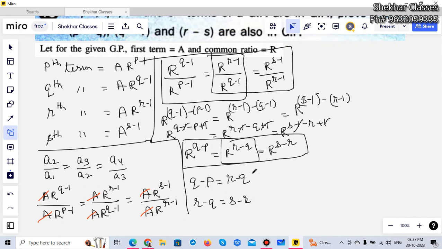Okay, we can have it like that. So they are all equal to each other, so I can write it here, q minus p is equal to r minus q is equal to s minus r here, right?